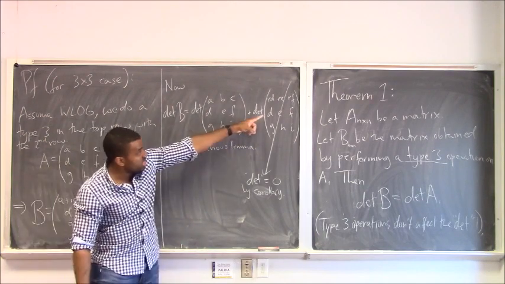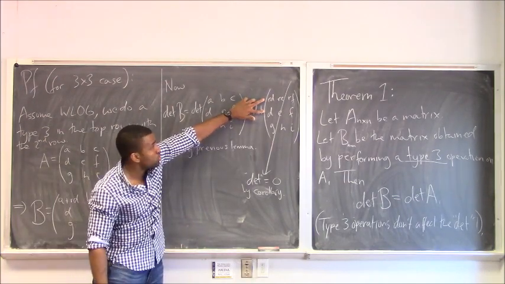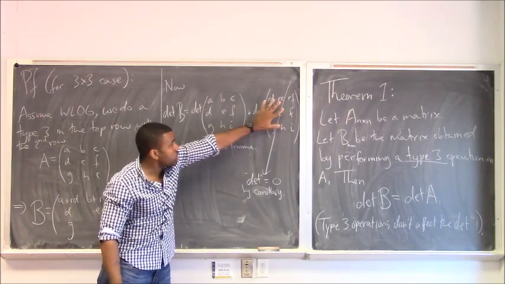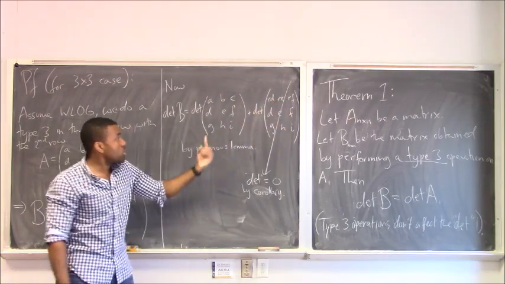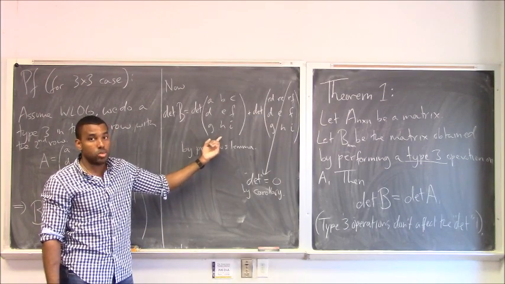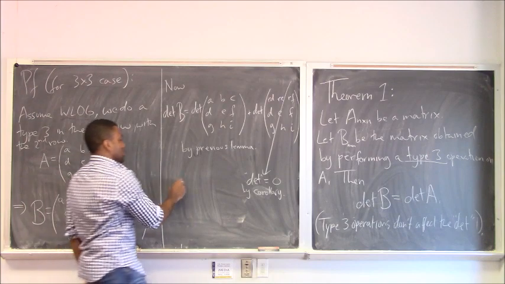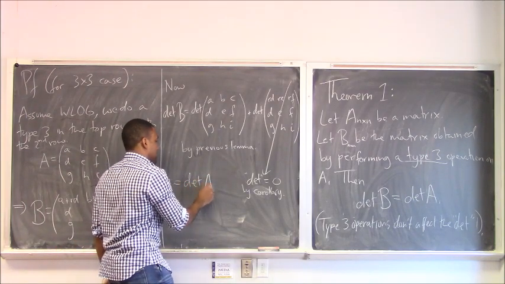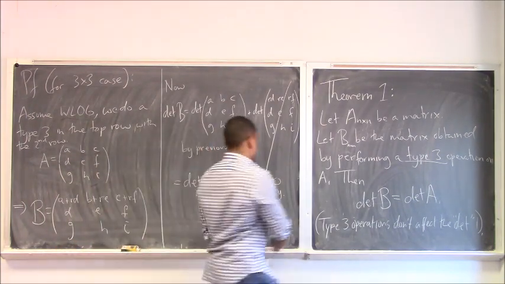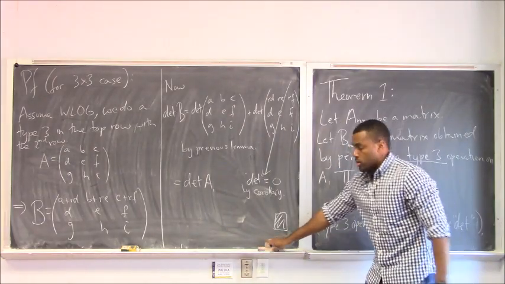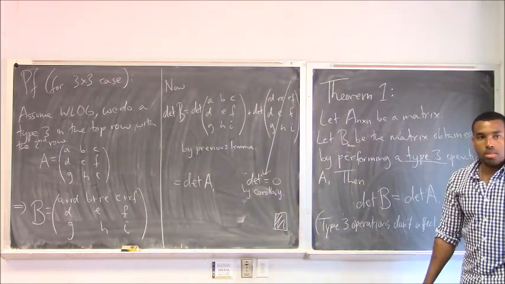The determinant of this is 0 because it has two proportional rows, which we had by the corollary. And so this guy contributes nothing to the determinant. So we're just left with the determinant of this guy, which is the determinant of the original. Okay. So type 3s don't affect the determinant.